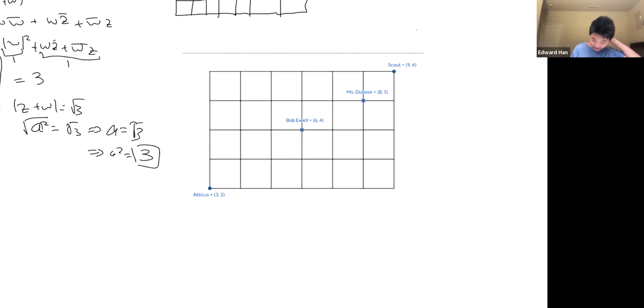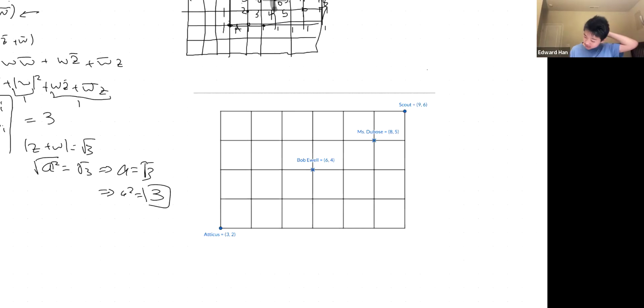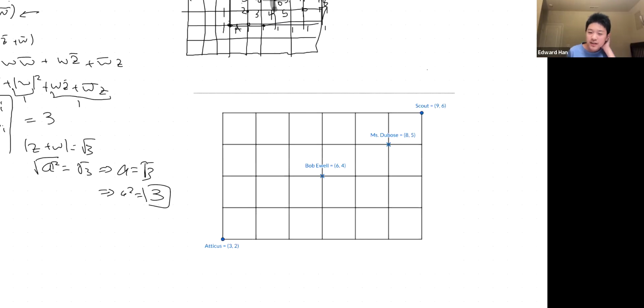So this diagram shows the things. I did not include the rest of the grid, and sometimes that's helpful because you don't want to draw the entire grid, as that sometimes takes a long time, and sometimes you can see that the other part of the grid is unnecessary.